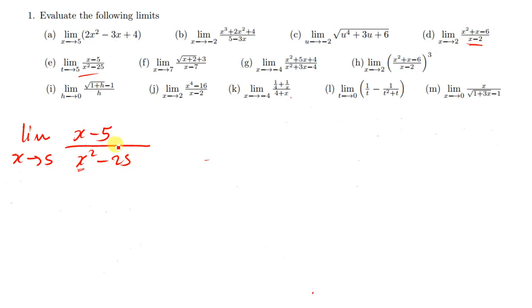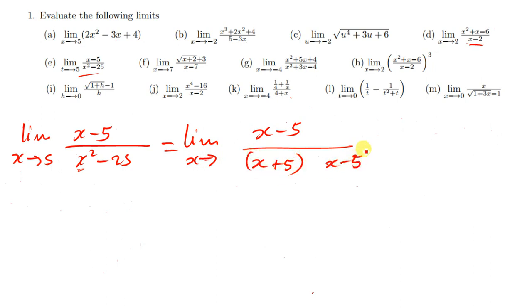So let us now see how best we can solve this. When you look at the denominator, this is the difference of two squares, which implies that we can write it as x plus 5 and x minus 5.